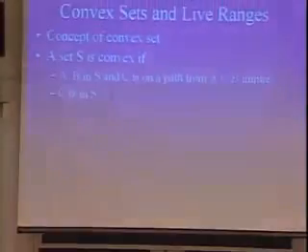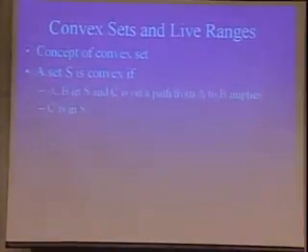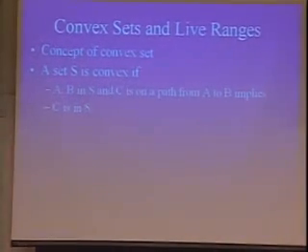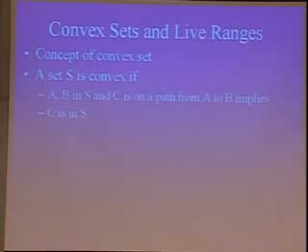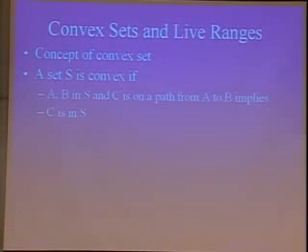So while you're running from A to B, if you execute C, it also has to be in the convex set. What that means is you can't have holes in the execution path. So if you have A and B, everything in that path, if it's reachable, has to be in the convex set. Does that make sense? What a convex set is? A set of instructions.